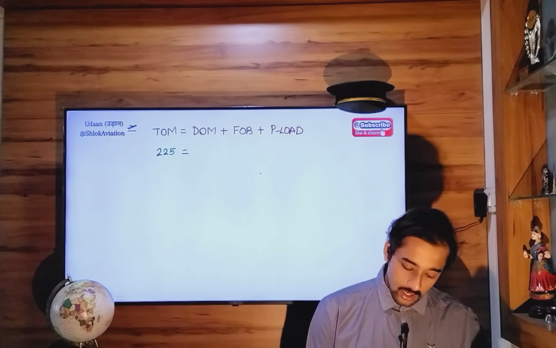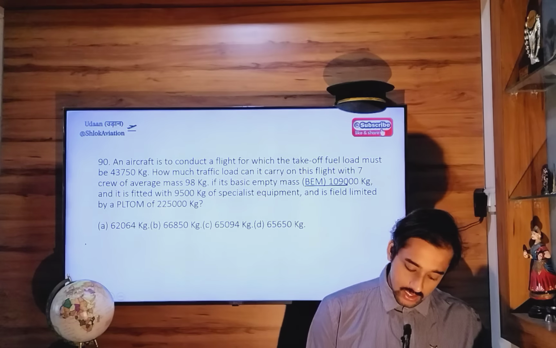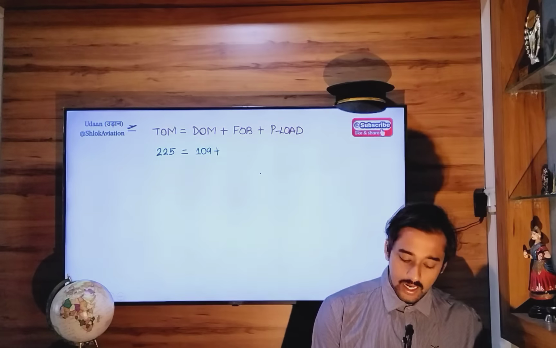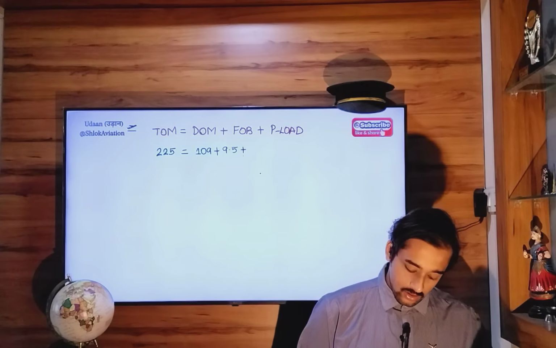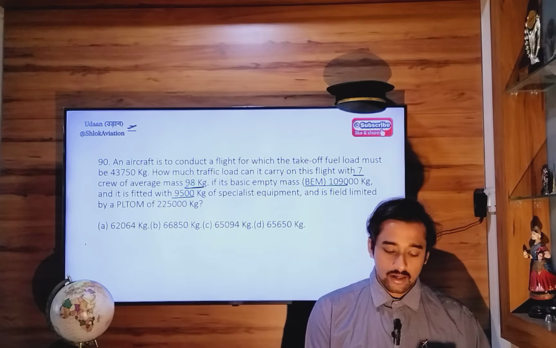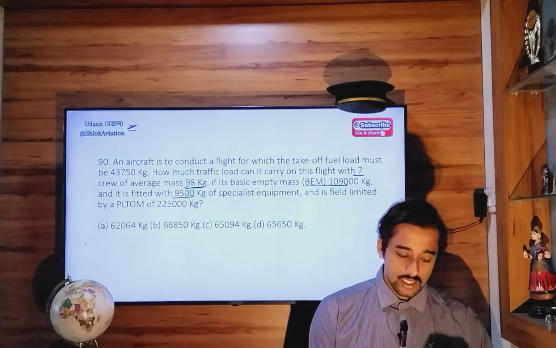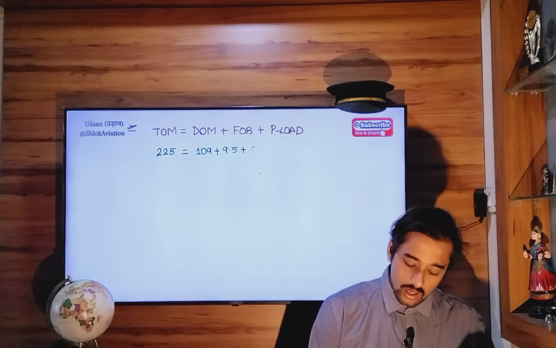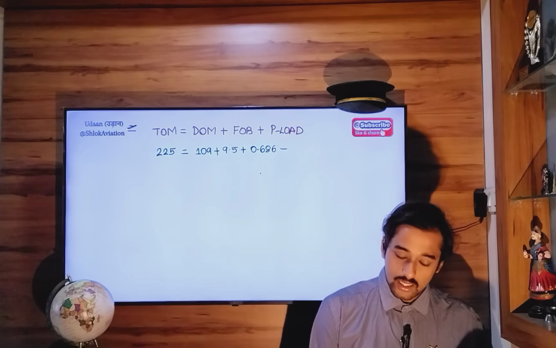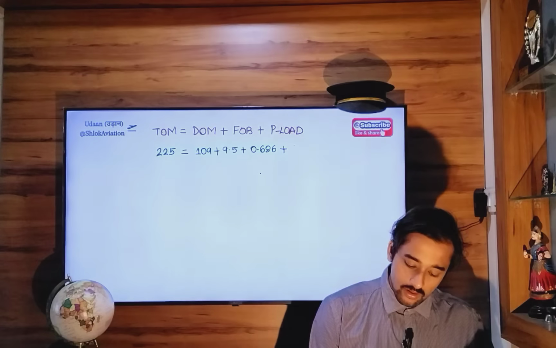Nevertheless, basic empty mass is 109. Special equipment is 9,500, so plus 9.5. Crew 7, each weighing 98. So 7 into 98 is 686. So plus 0.686. Fuel 43.75 plus payload.